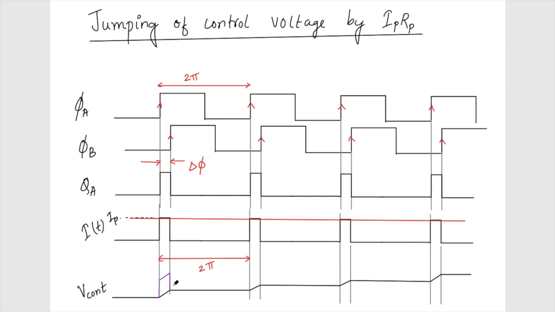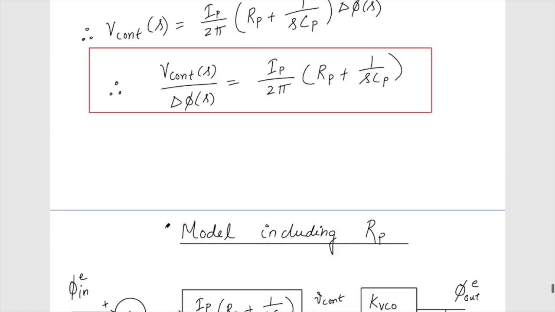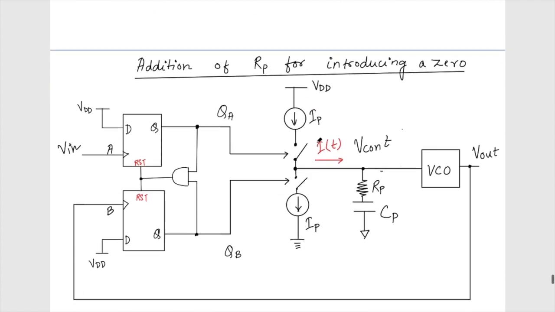So when this Ip is turned on, the voltage jump will be Ip into Rp, where Ip is the current source and Rp is the resistance. Before, it was charging the capacitor which does the integration, but then there is a sudden jump.